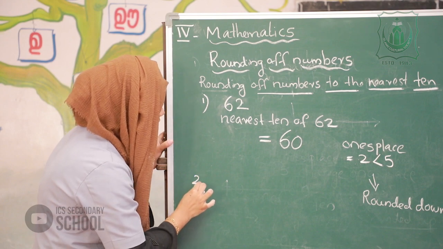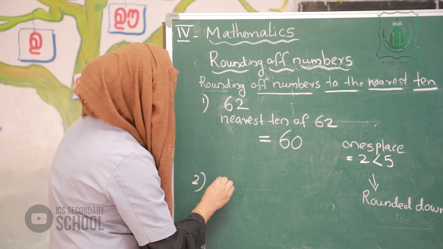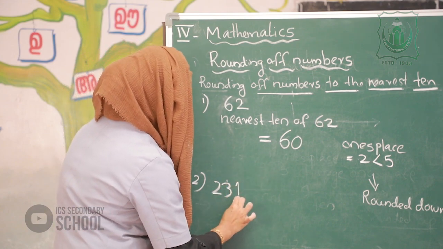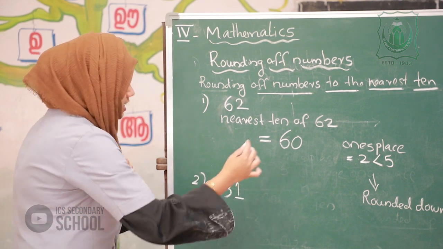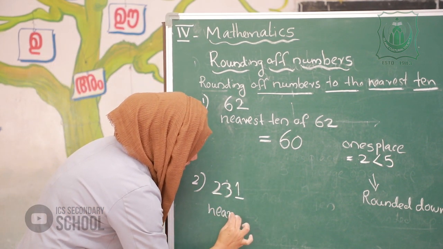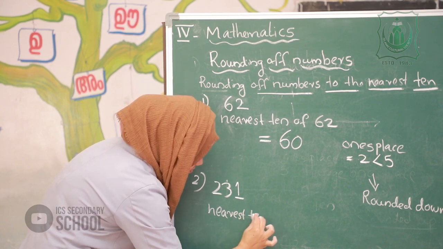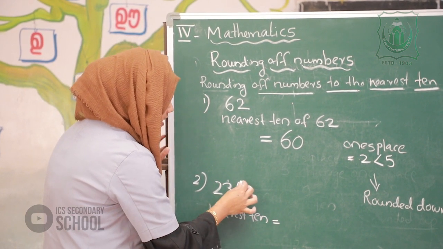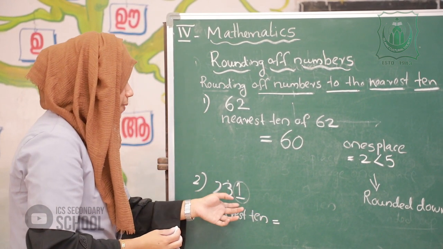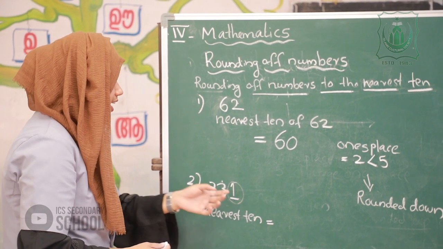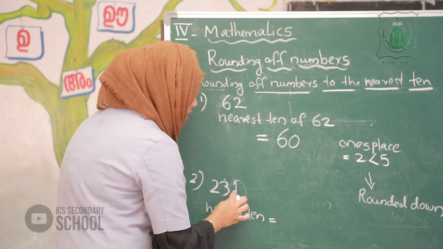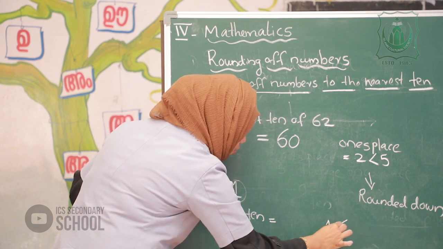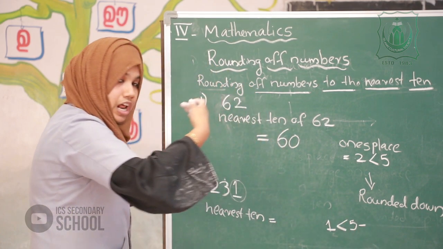Again, one more example. Sometimes you have a 2-digit or 3-digit number. 231. Find out the nearest 10. Nearest 10 means look at the ones place. Which number is in the ones place? 1. 1 is smaller than 5, so it is rounded down.